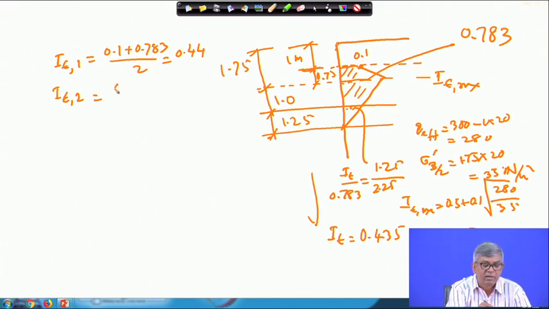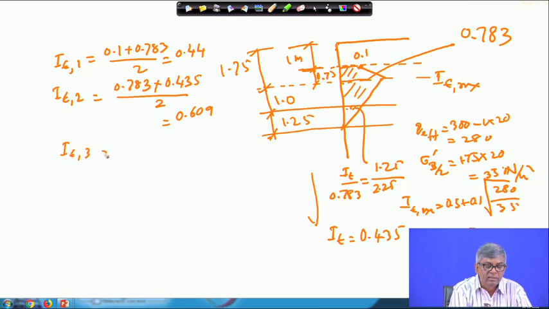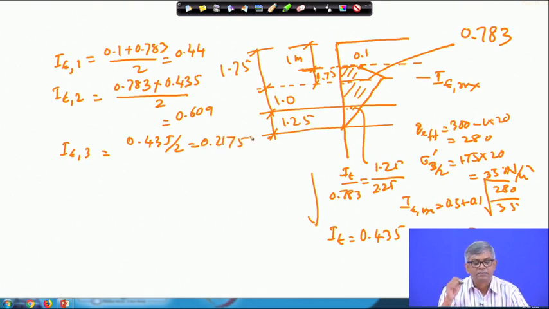So, this will be 0.783 plus 0.435, divided by 2, that will be equal to 0.609, and I epsilon 3 will become the half of this, that means 0.435 divided by 2, and that will be 0.2175.